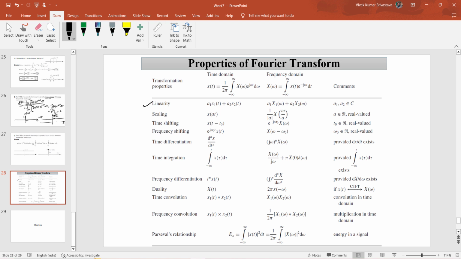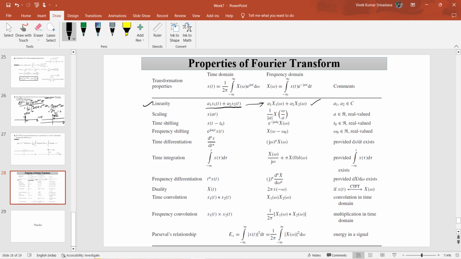Suppose you have a signal which is a linear combination of two signals, that is a1 x1(t) plus a2 x2(t). The corresponding Fourier transform is nothing but the linear combination of the Fourier transforms of these two signals individually, which is equal to a1 X1(omega) plus a2 X2(omega).